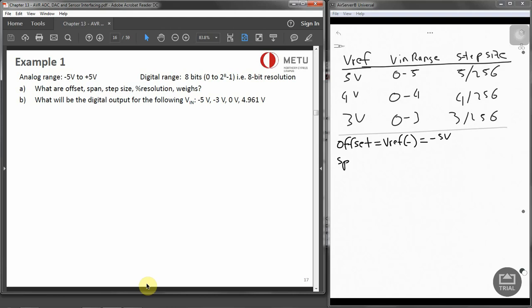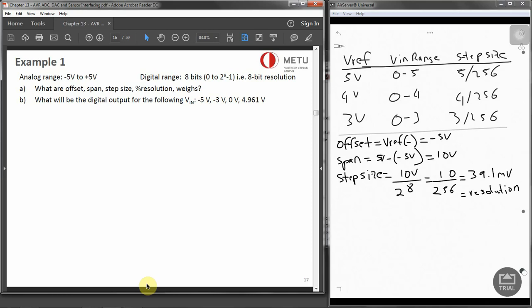Then the span is the range, which is 5 minus (-5), so it's going to be 10 volts. The step size is going to be 10 volts divided by 2 to the power 8, the bit resolution, which gives us 10 over 256, equivalent to 39.1 millivolts resolution. Now we know the resolution and the step size, and for the percent resolution, we just need to take the percentage of that.